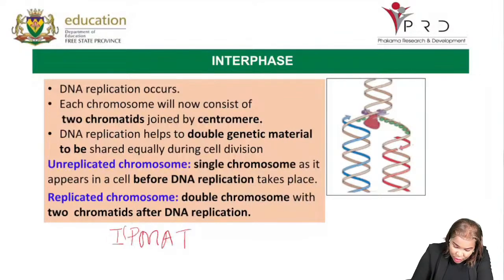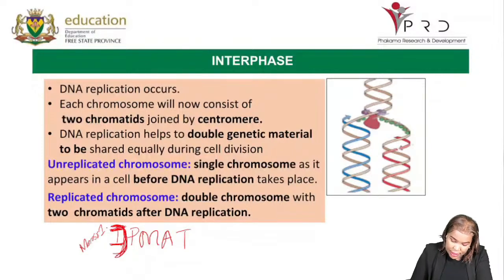So I only works for meiosis 1. What is I? I is interphase. So if you want to see how I remember that I comes first and then P comes second, I can use this.